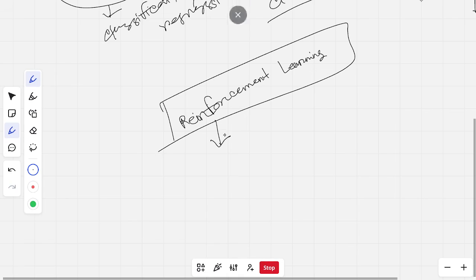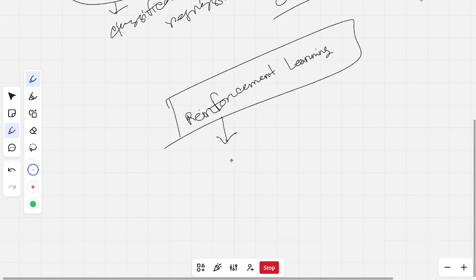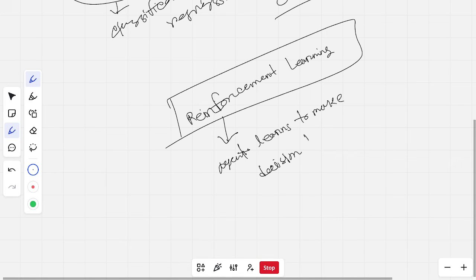So in reinforcement learning, agents learn to make decisions by taking actions in an environment.